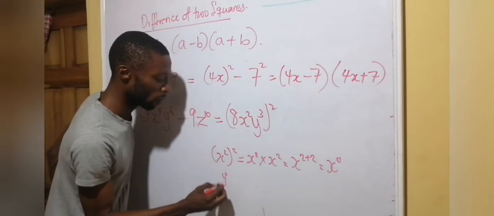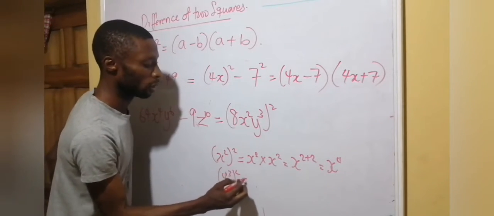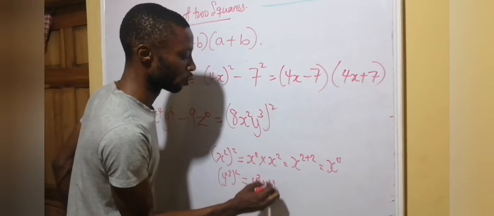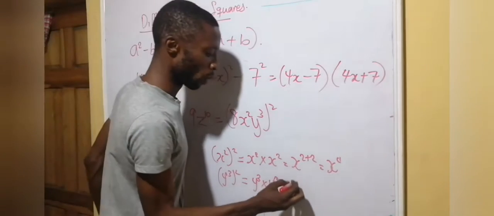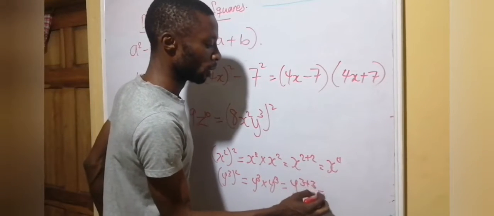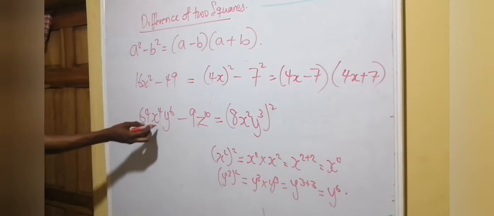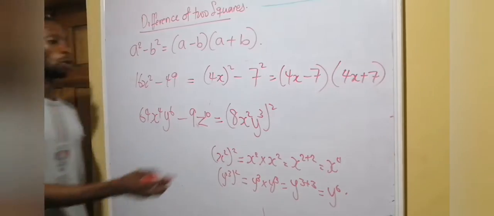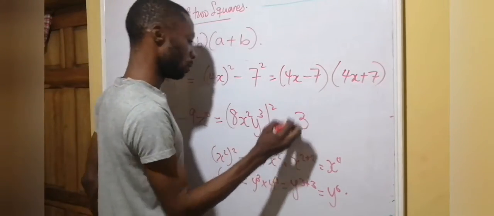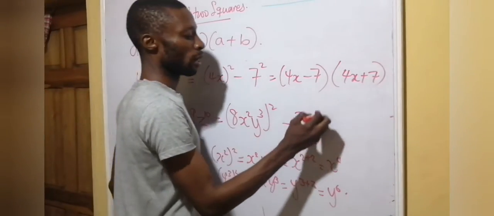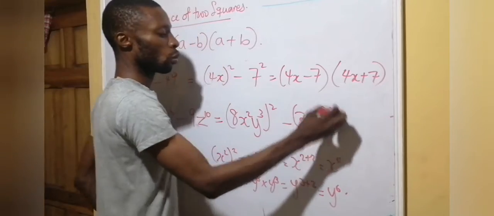And y raised to power 3 squared is y raised to power 3 times y raised to power 3, which is y raised to power 3 plus 3, that's y raised to power 6. So that I've got. This 9 is 3 squared, and z is z raised to power 5, all squared.